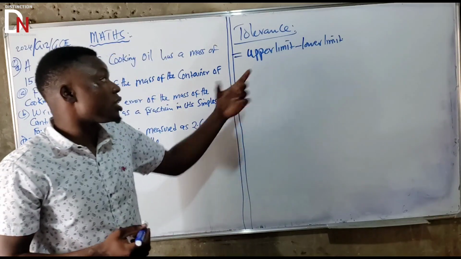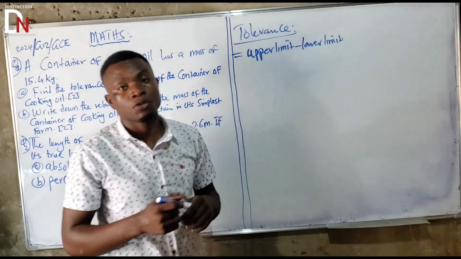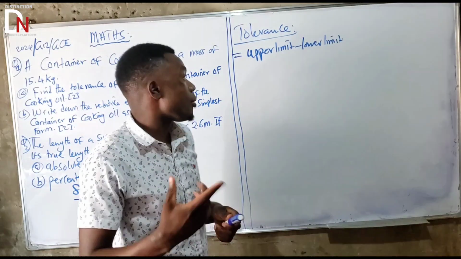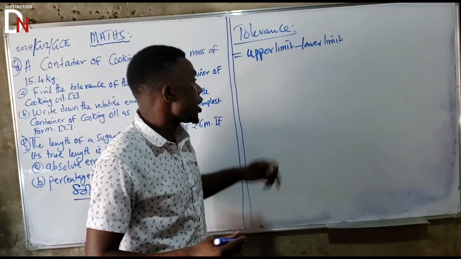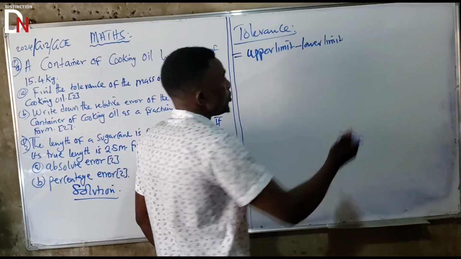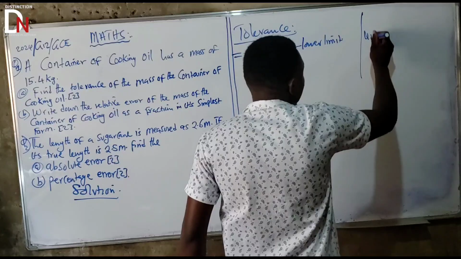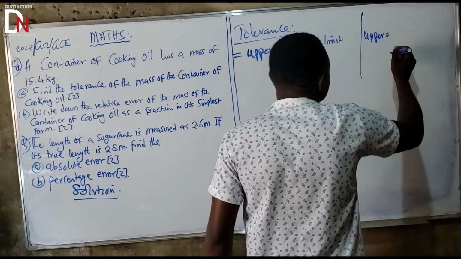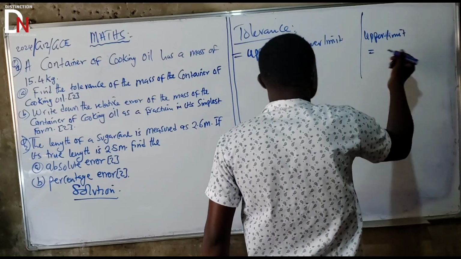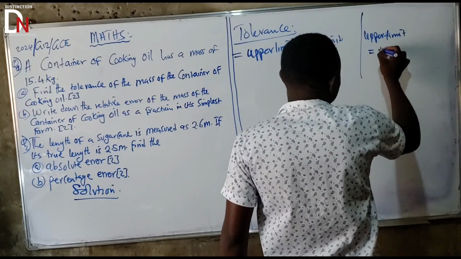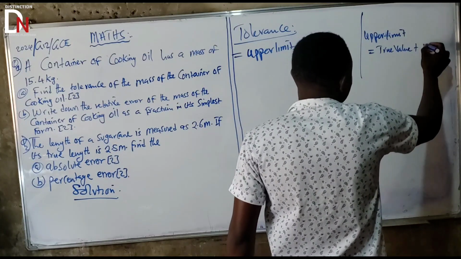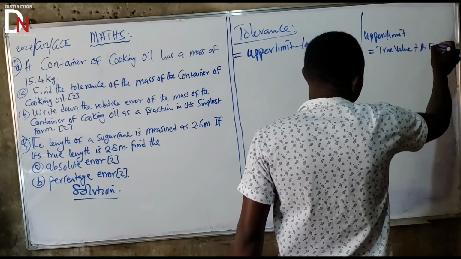Remember, we looked at how to find the tolerance in our previous video, where we said that to find the upper limit, the upper limit is equal to the true value plus the absolute error.